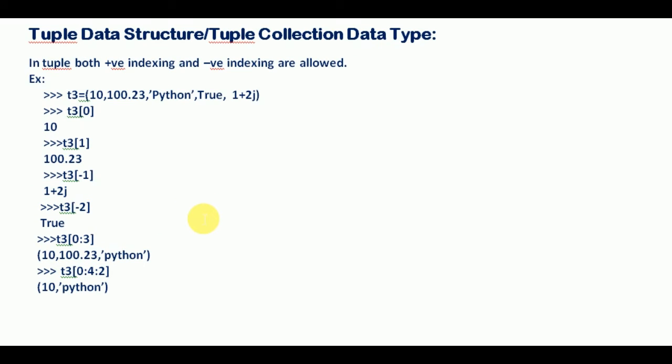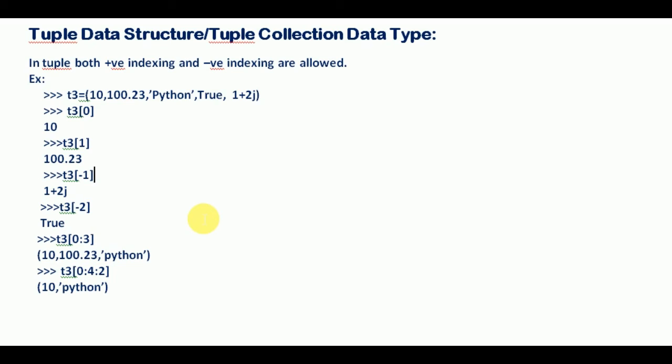Next is indexing. In a tuple, both positive indexing and negative indexing are allowed. In positive indexing, the index value starts from 0 and can be any positive number. Negative indexing comes from right to left, starting from the right side.